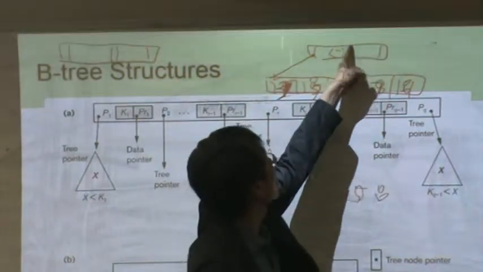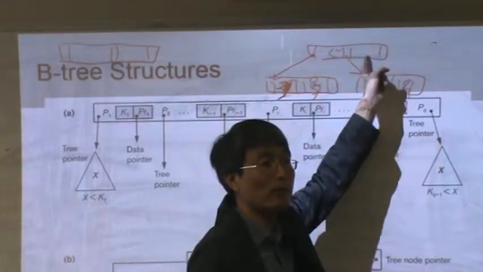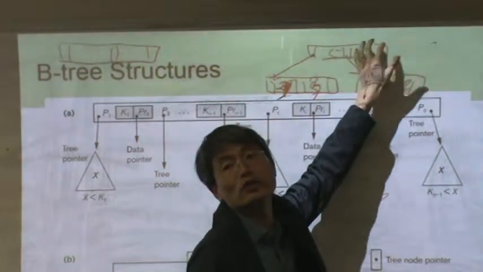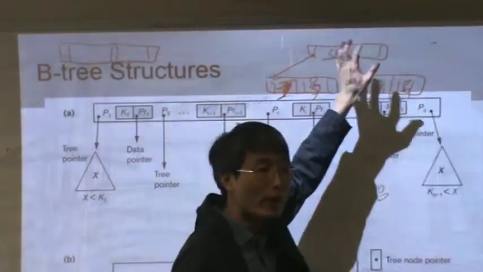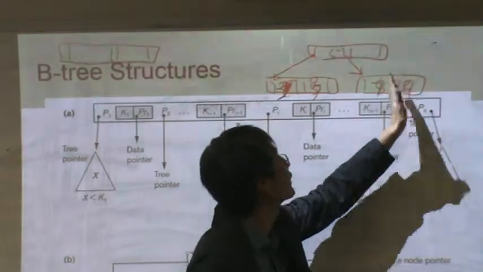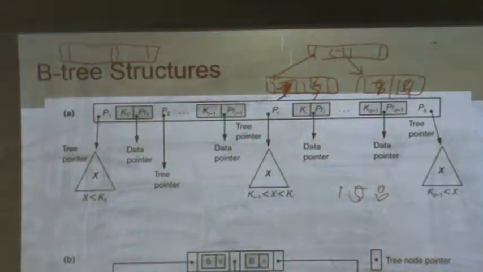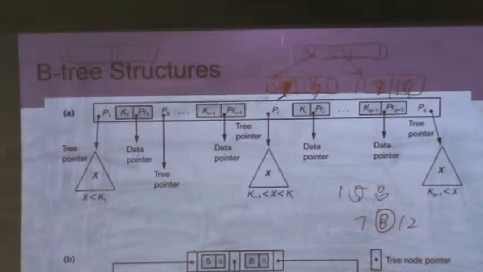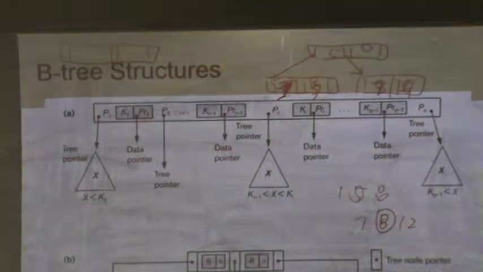When 12 is inserted, even though we have a space in the parent node, we cannot use this one. Okay? Always need to find the leaf node, that is this one. What happened? It's full. So we have the 7, 8, 12, this one is the middle value. So the middle value will be promoted like this.